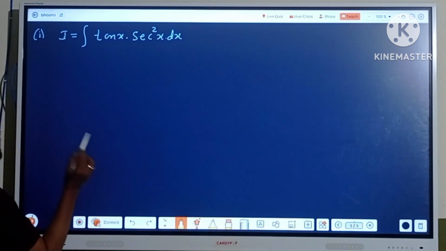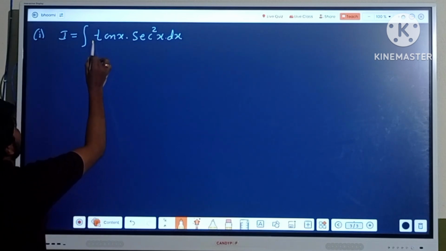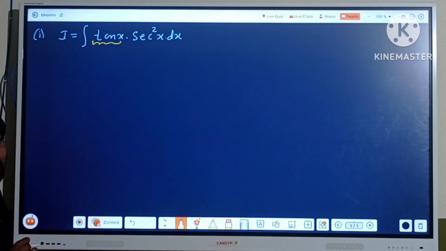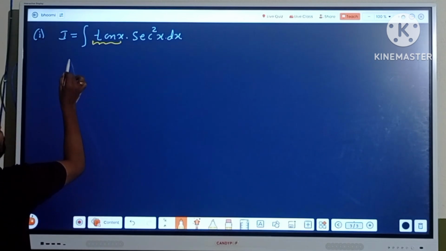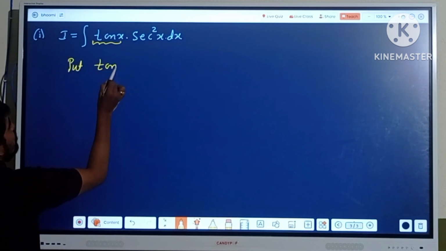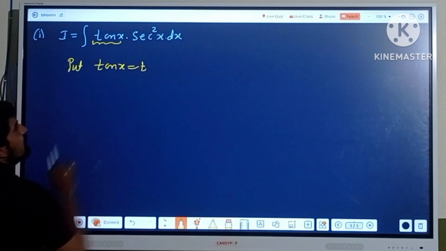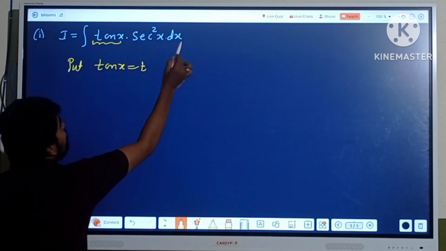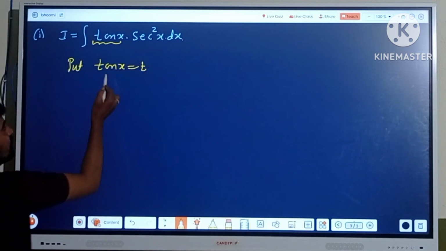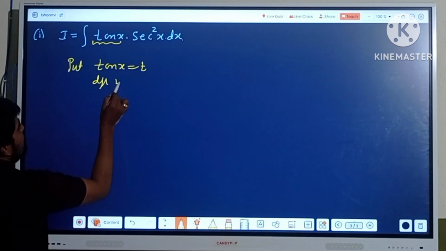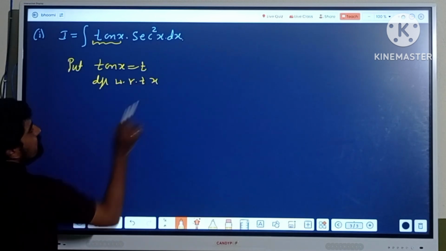So here I am going to consider the function f(x), that is tan x. Here I am going to substitute tan x = t. Put tan x = t, and we need to integrate with respect to x, therefore differentiate this with respect to x.